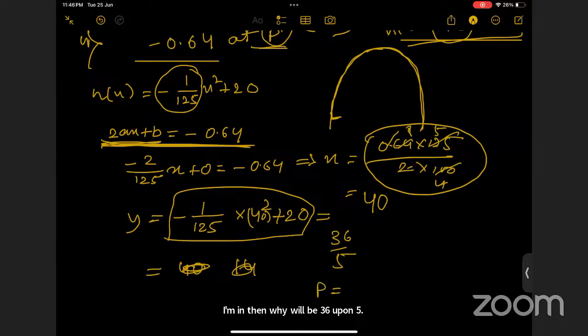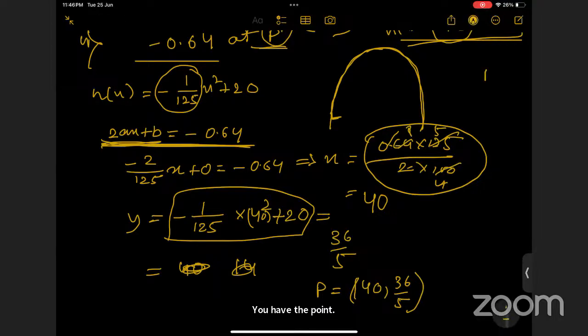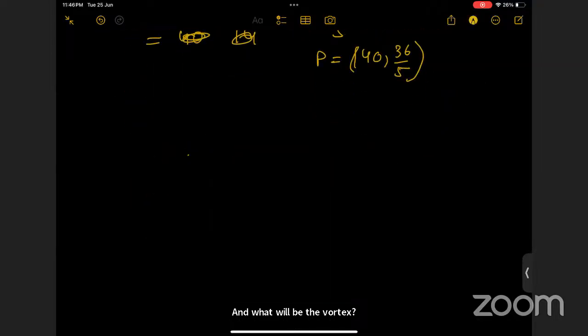We have the point P. And what will be the vertex? I'm giving you the hint.